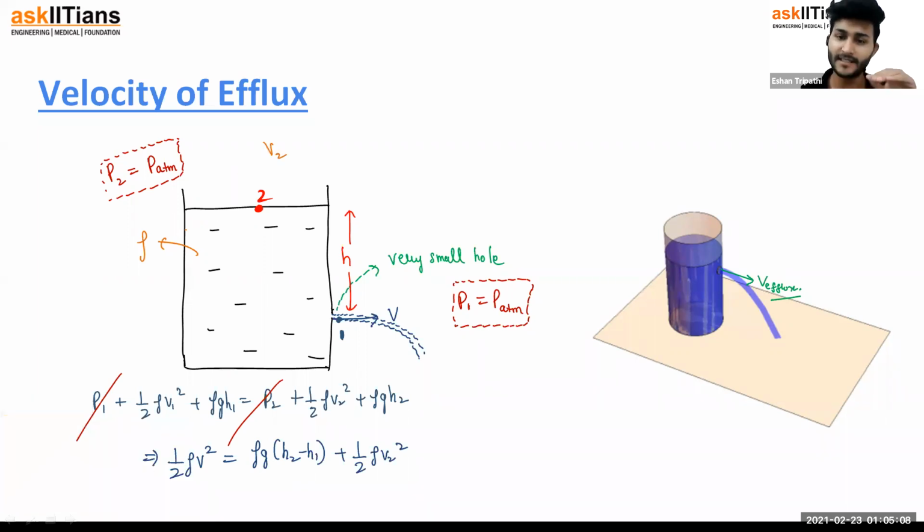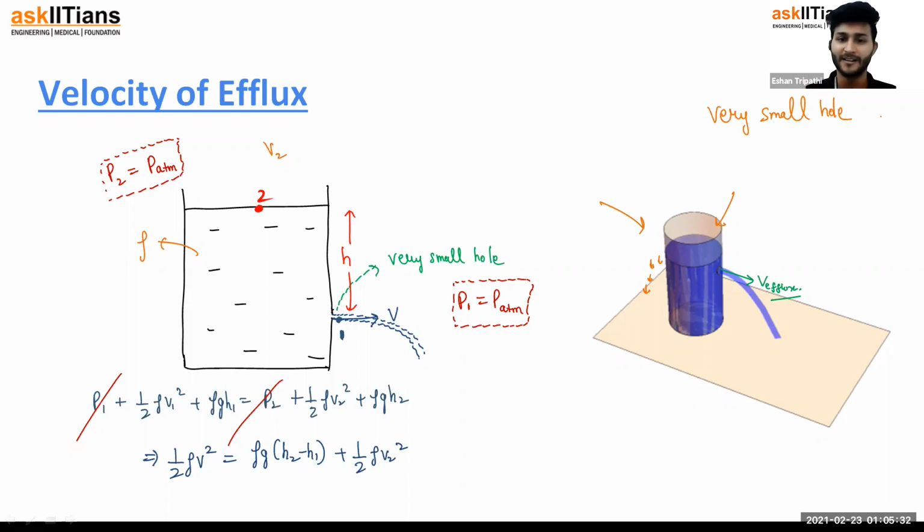Will the liquid at point 2 be moving up or down, or will it stay over there? Technically, it will be moving down because as liquid is coming out, the level of liquid will fall. You can see in this picture also. But we are saying there's a very small hole. So can you imagine, if the hole is very, very small, hardly any liquid is coming out.